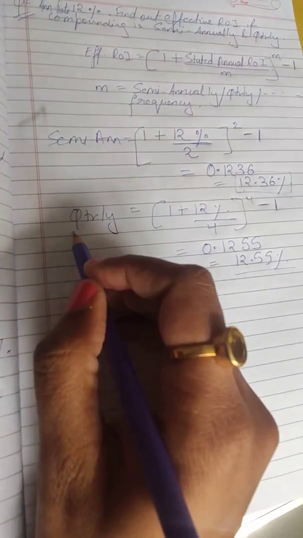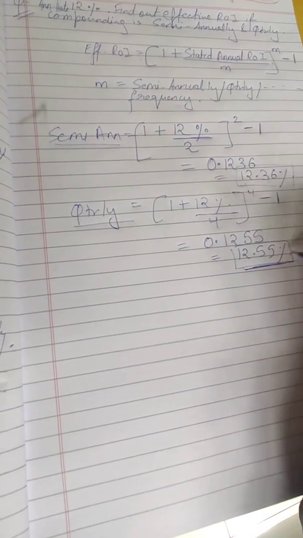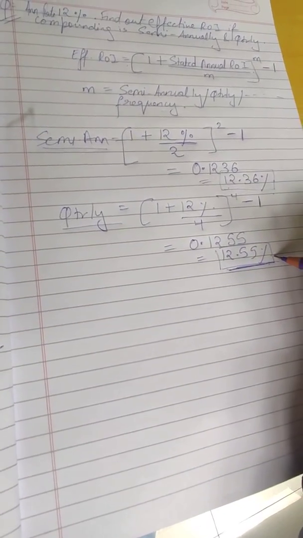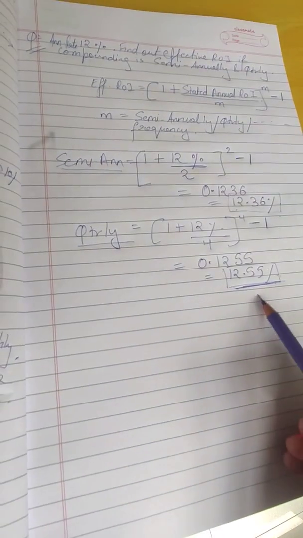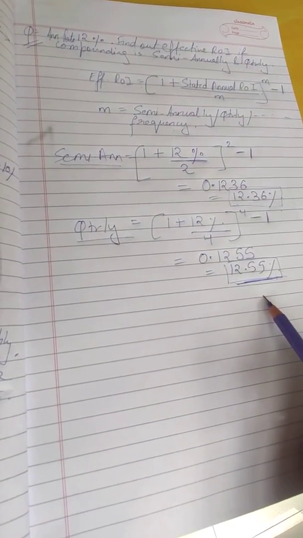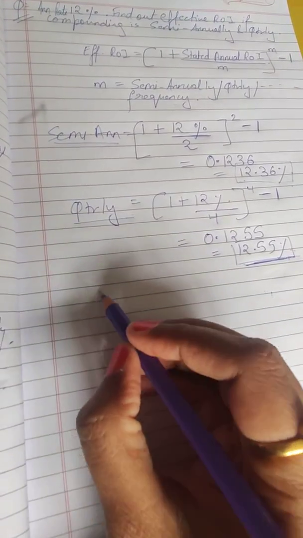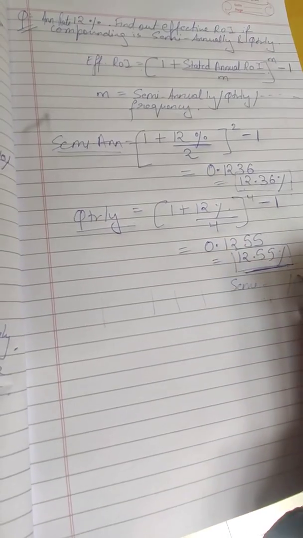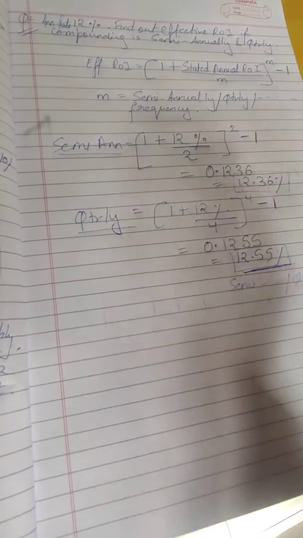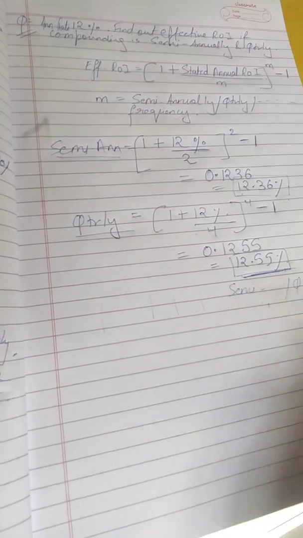Again, if there is a choice between quarterly and semi-annually, obviously you will go for quarterly because there is an increment. And if it is quarterly and annually, you will go for quarterly because there is an increment. So for selecting between securities which are giving you semi-annual compounding or quarterly compounding, you use this effective rate of interest formula. Got this? Thank you.